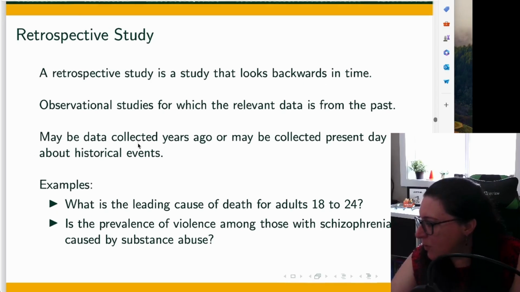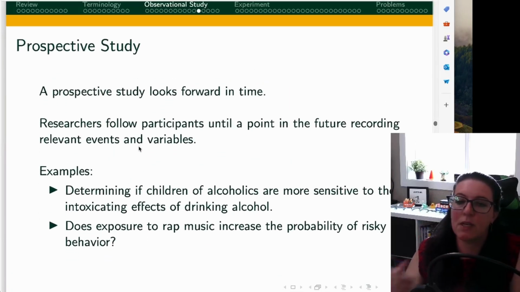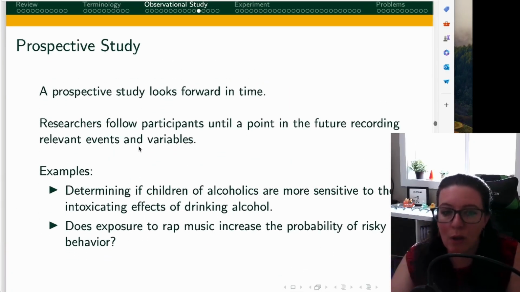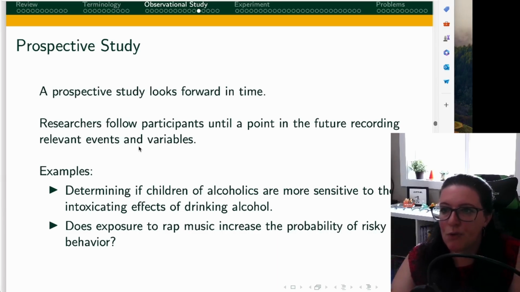In comparison to a retrospective study, we have a prospective study. A prospective study looks forward in time, so we follow the participants and record events. For example, determining if children of alcoholics are more sensitive to the intoxicating effects of drinking alcohol. Does exposure to rap music increase the probability of risky behavior? Here, these individuals are being followed over time.